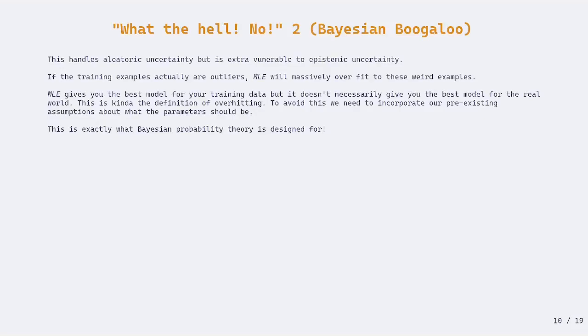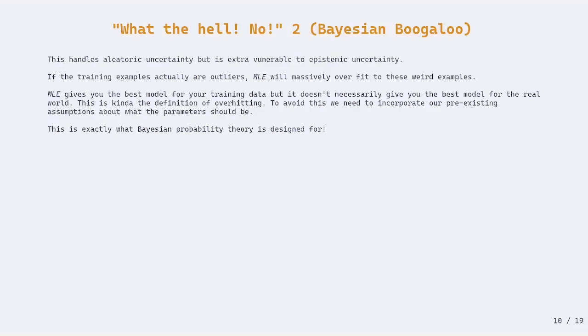So instead we say that we don't want our parameters to go crazy, and so we want to incorporate some pre-existing assumptions we have about our parameters into our maths.